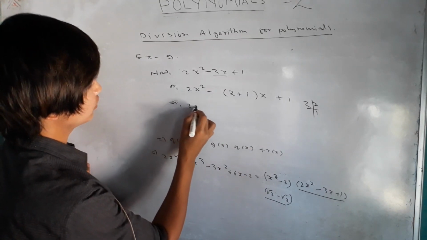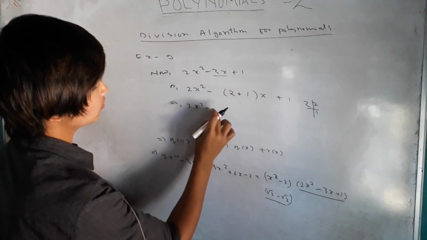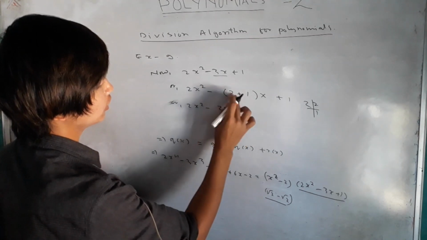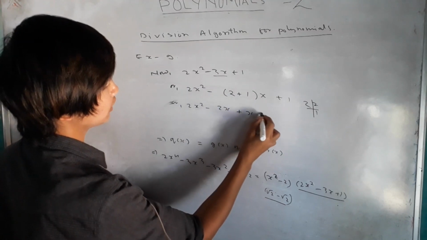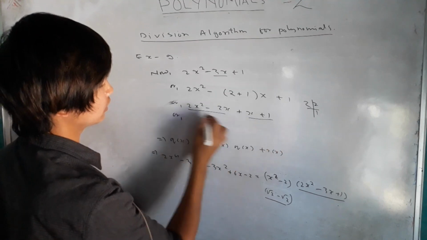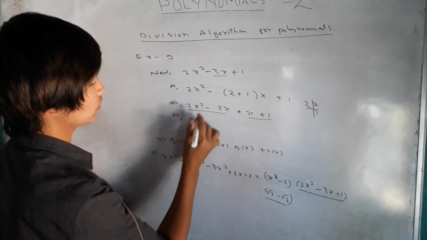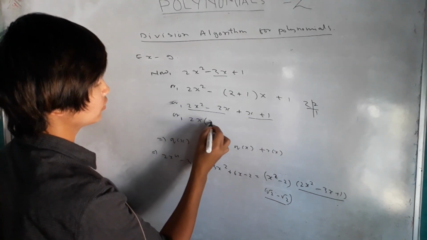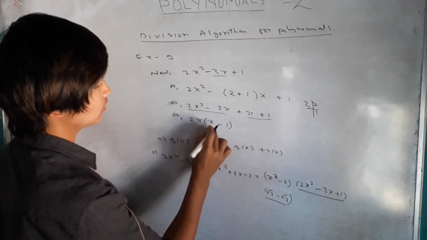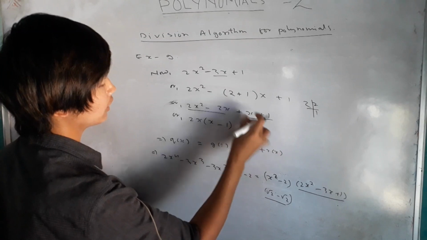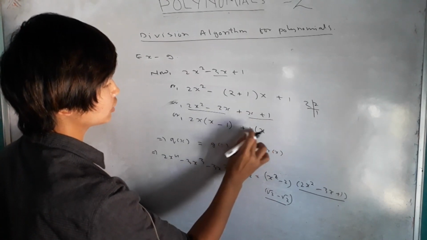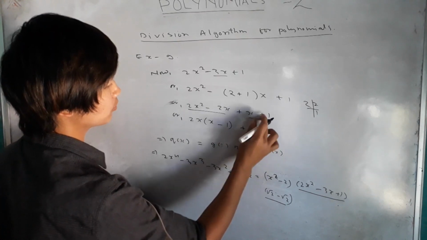So 2x square, minus into plus, minus 2 into x, 2x, minus into minus, plus 1 into x, x plus 1. So I'll take out the common from this two side and this two side. What is the common? Yes, 2 is common and x is common. 2 into x, 2x square minus 2x, 1 into 2x plus, what will be the common? Here nothing is common, but 1 will always be the common.